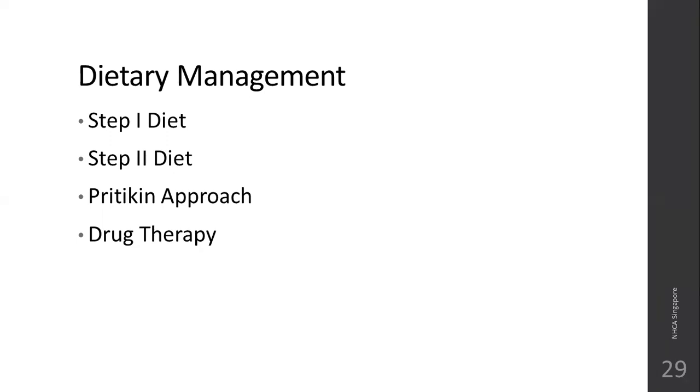There are two types of Pritikin approach, type 1 and type 2. In type 1, only 10% of the calories should come from fat, 10 to 15% from protein, and more than 80% from carbohydrates. It's a high carbohydrate, very low fat, and medium protein diet. 30 to 40 grams of dietary fiber should be included per 1000 kcal.